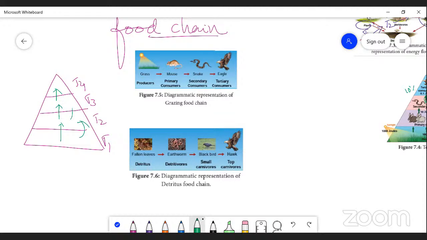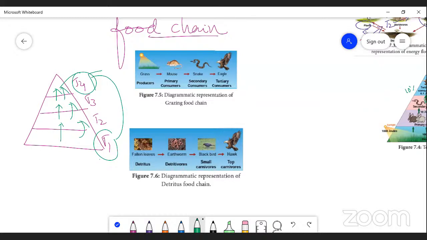So from T2 to T3, as a result, finally we can get the amount of energy from T1 to T4 through T2 and T3, which means trophic level 1, trophic level 2, trophic level 3 and trophic level 4. From trophic level 1 to trophic level 4, there is the movement of energy from one trophic level to another.